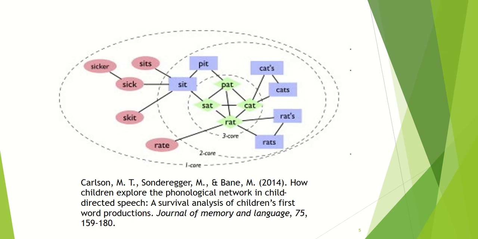The words such as pat, sat, rat, some minimal pairs, or even some words which have functional morphemes at the end, like cats, apostrophe s, or cats plural s, or even rats. So again, you can see a completely different model here. The words might not be very close in terms of meaning. They might not be very close in terms of orthography or grapheme, but they are close in terms of phonology.